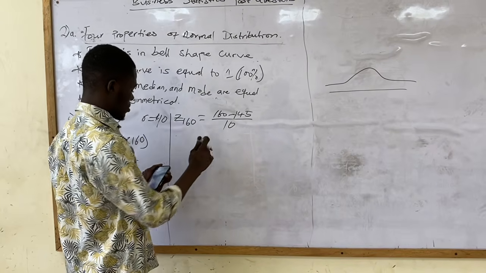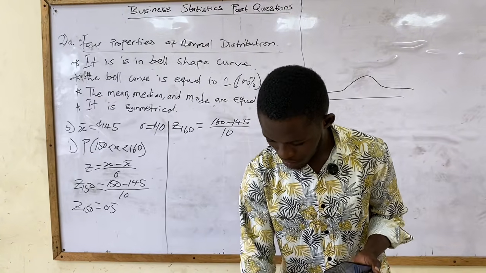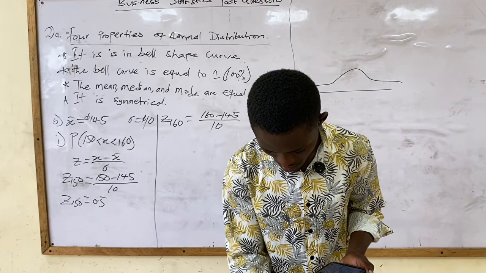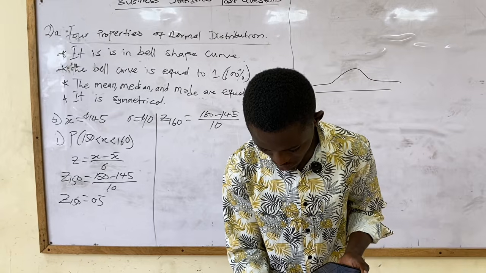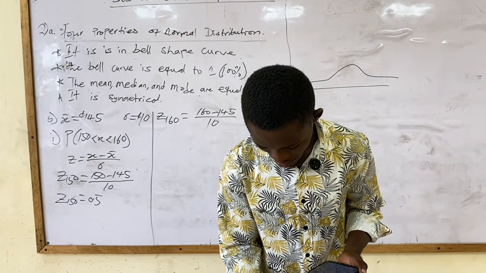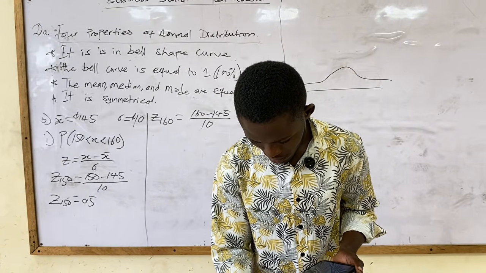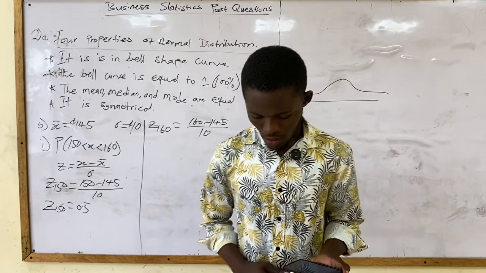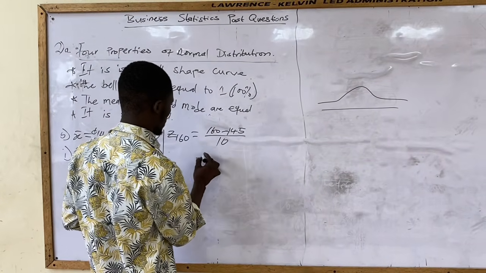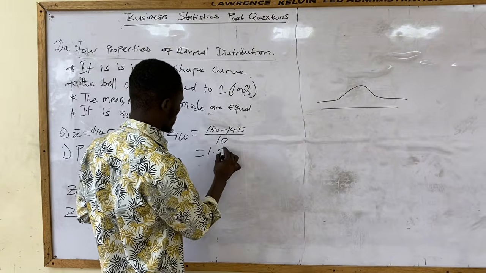If we also put this on the calculator, 160 minus 145 divided by 10, we will get 1.5.